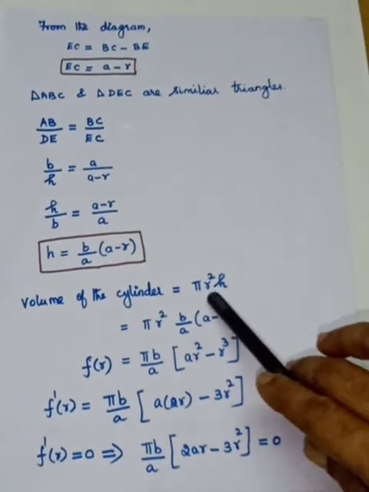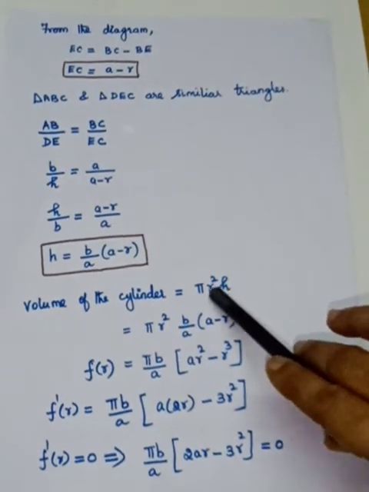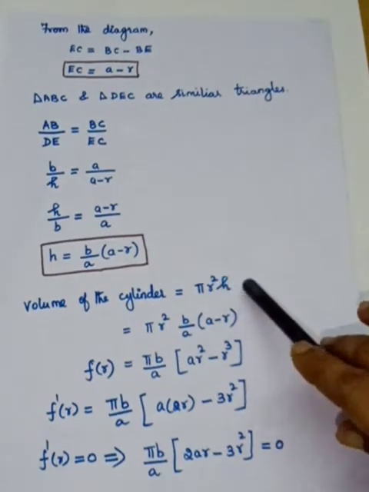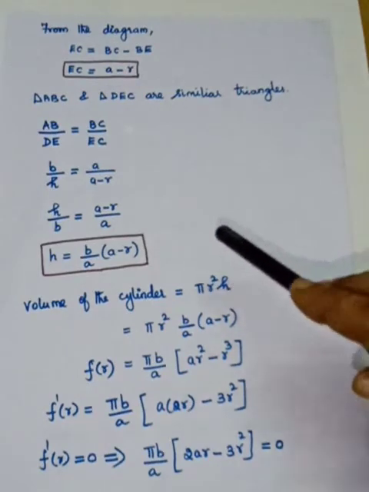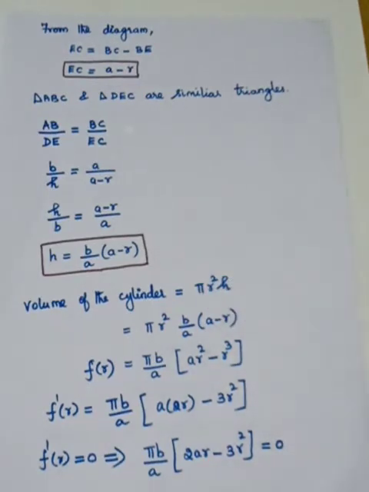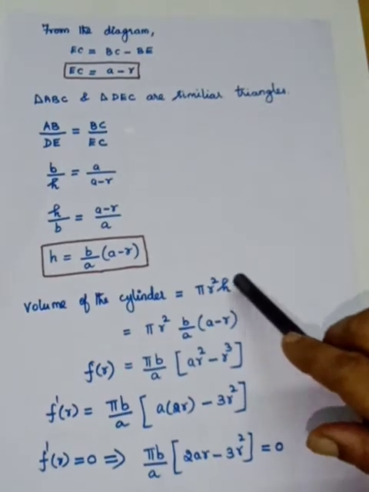Here r is the base radius and h is the height. Both the variables are here, so what we have to do is convert h in terms of r or r in terms of h, making it a single variable. Here I am going to change h in terms of r.